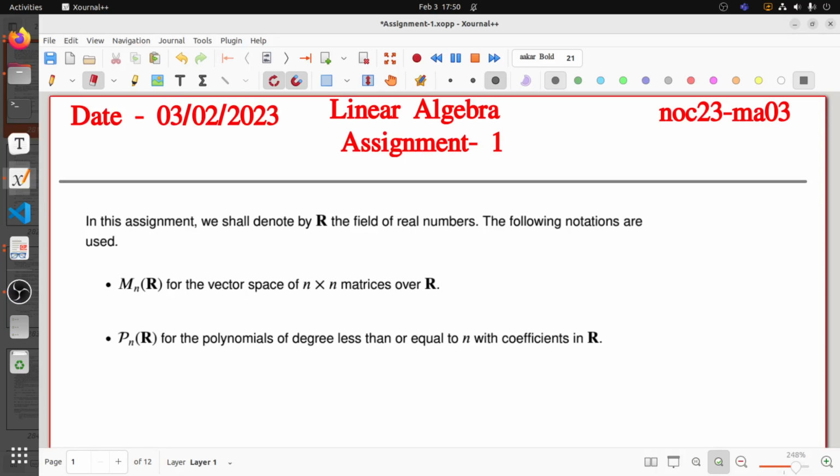Now let's move to the next one. What is it saying? If span of B does not contain span of A, then A is not contained in B. So let's check this, the fourth one.